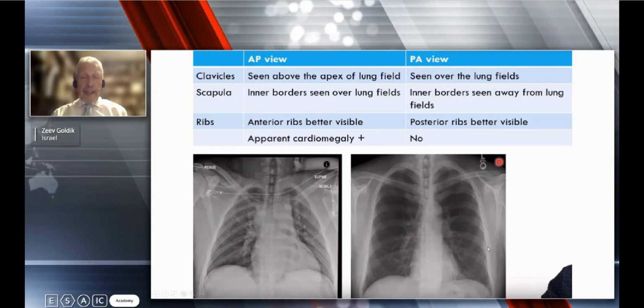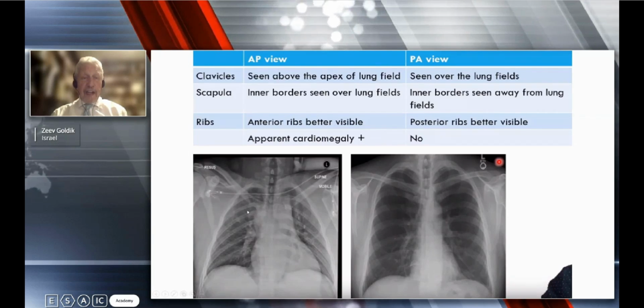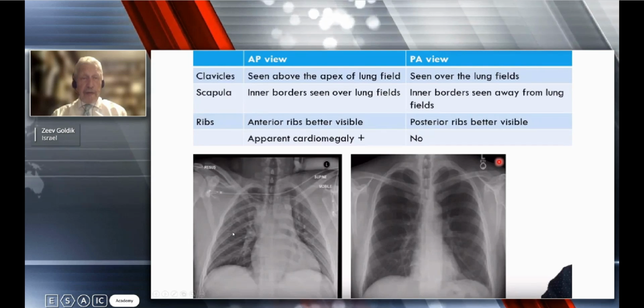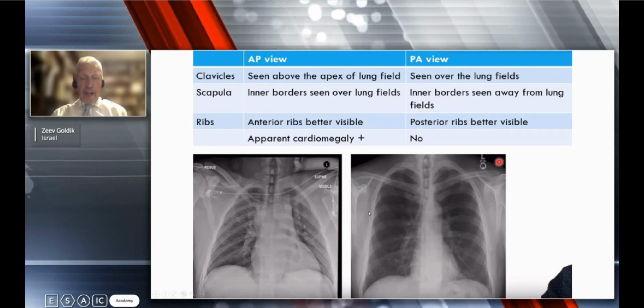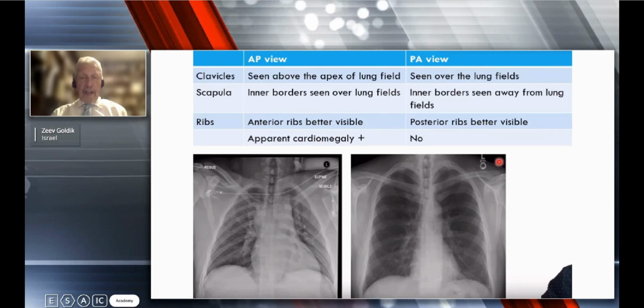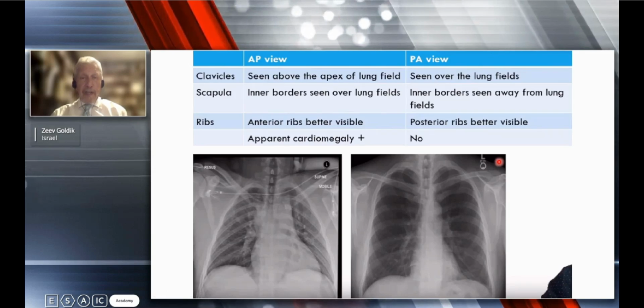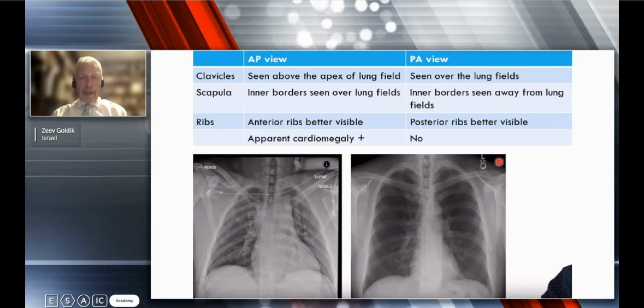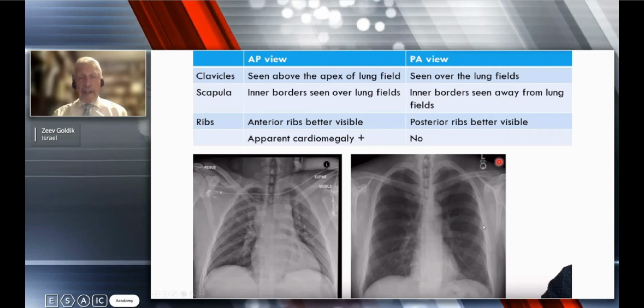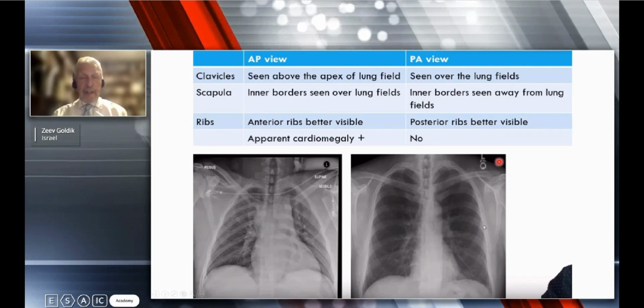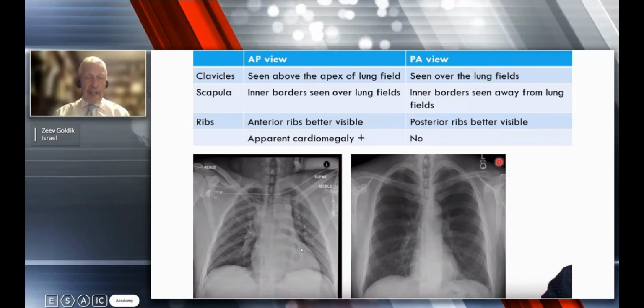And the third difference is the ribs. The anterior ribs that are diagonal, as you can see them in the anteroposterior view, are better visible. It's logical. And if the posterior ribs that are horizontal are better visible, that means that we are looking at the posterior-anterior view. And the last difference is the apparent cardiomegaly. It's false, it's not real.